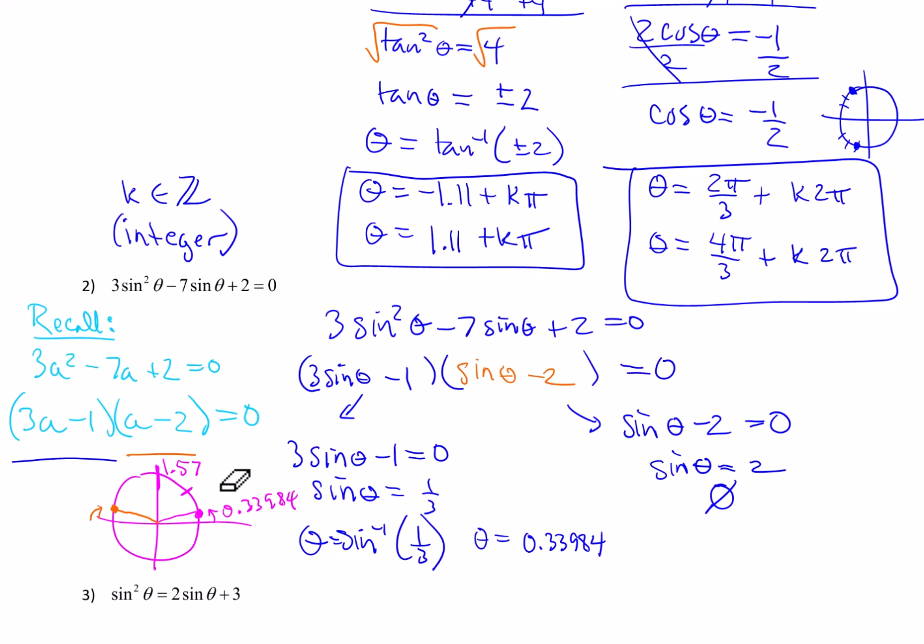So how do I know how far that is? Well, all the way across would be pi, that is on the left side of our unit circle, but then I would be subtracting, since we would be going kind of backwards, upward, clockwise, I would be subtracting the same thing. So let's mark this as pi minus 0.33984.